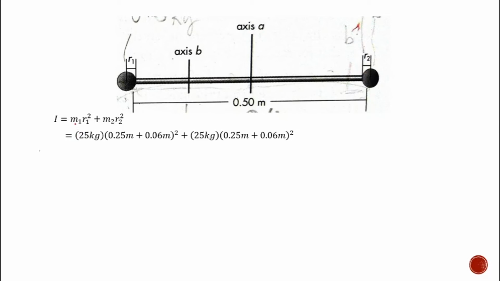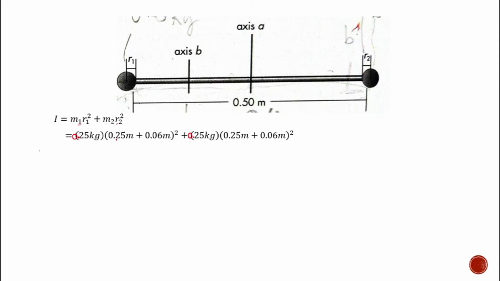So, we are now going to substitute for the given value. So, ito yung formula, I is equal to m1 r1 square plus m2 r2 square. So, m1 is 0.25. So, actually, dapat 0.25 to guys. Okay, yan.